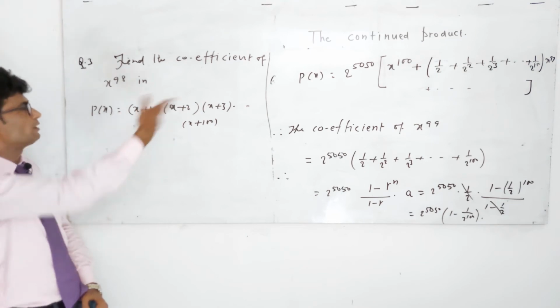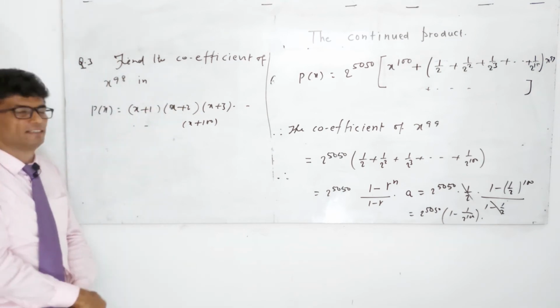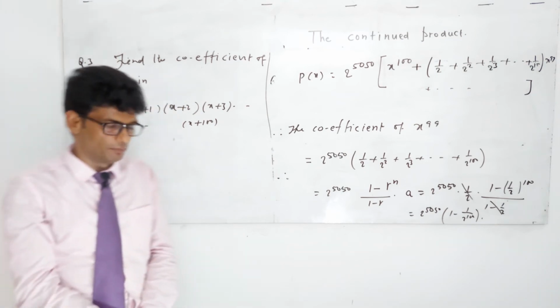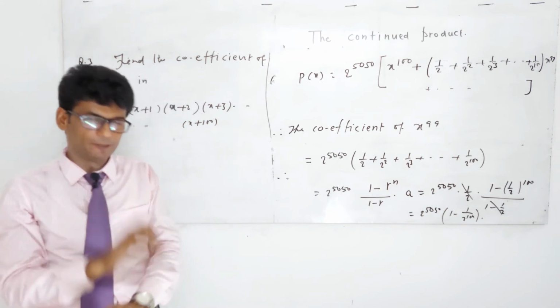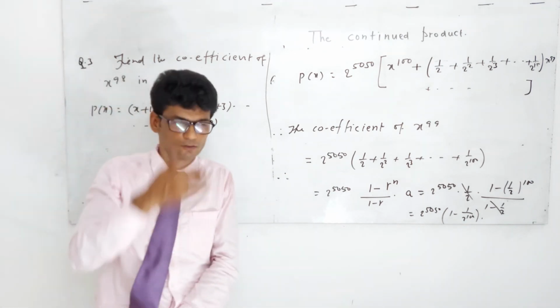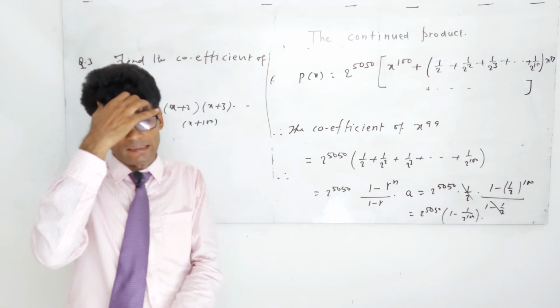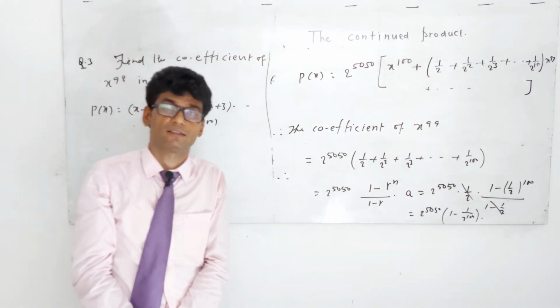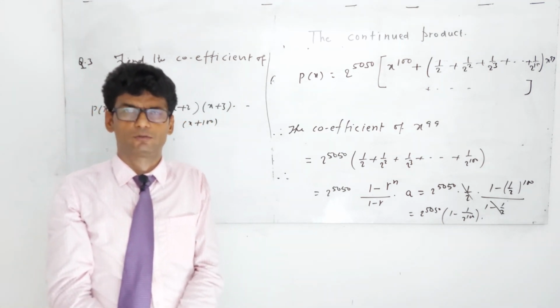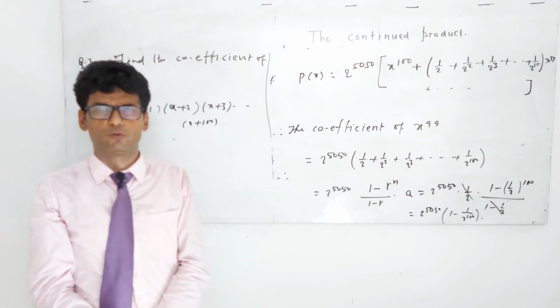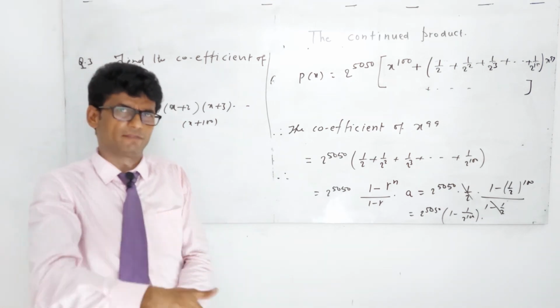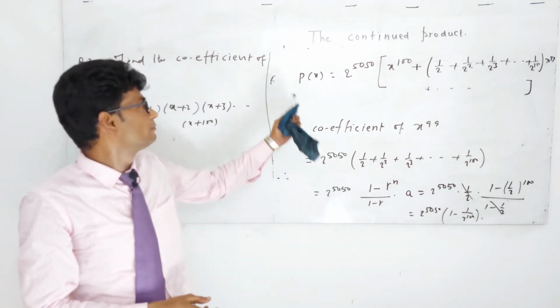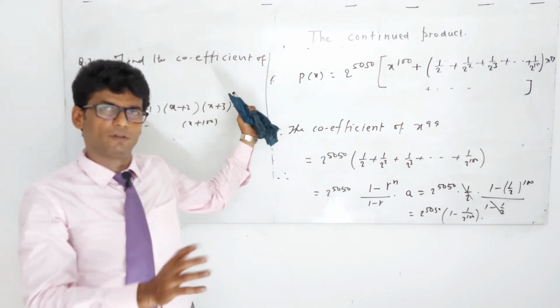However, we may find the coefficient of x to the power of 97, 96 and so on, but in general it comes out to be very lengthy. In this course of class 11 and 12, it is not required to find the coefficient of x to the power of 96, 95 and so on in that type of sum.